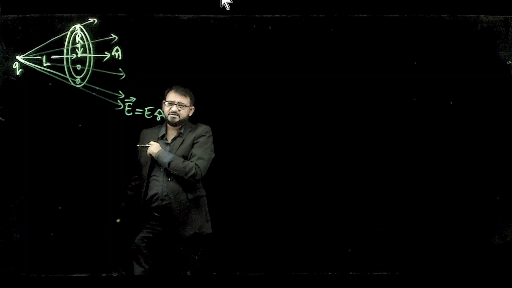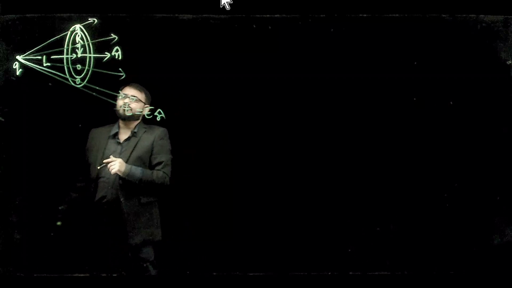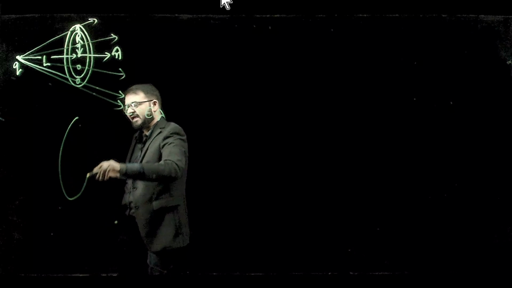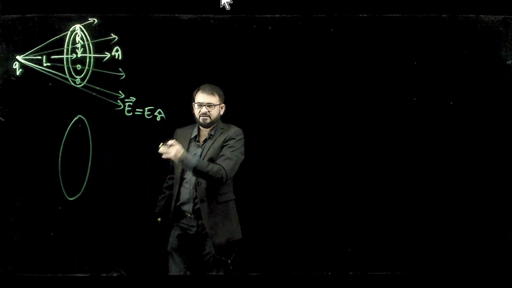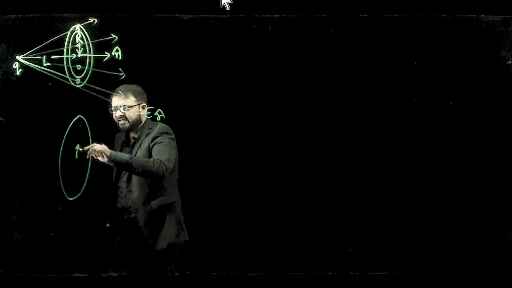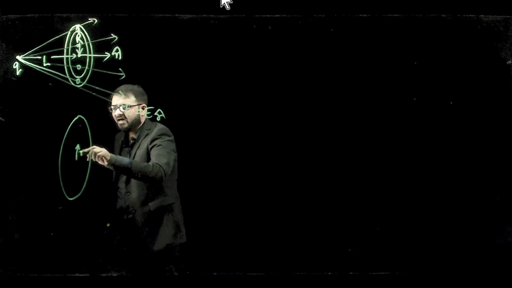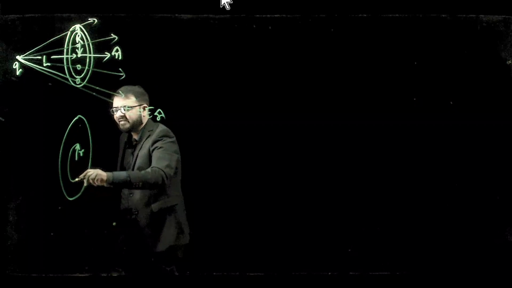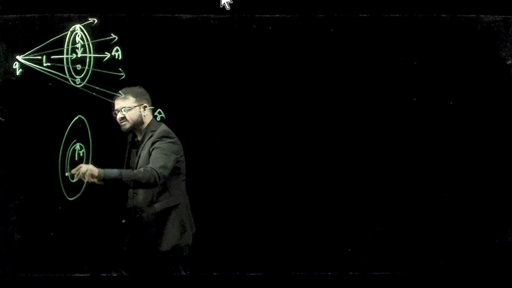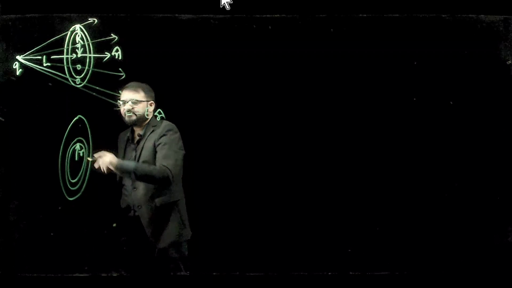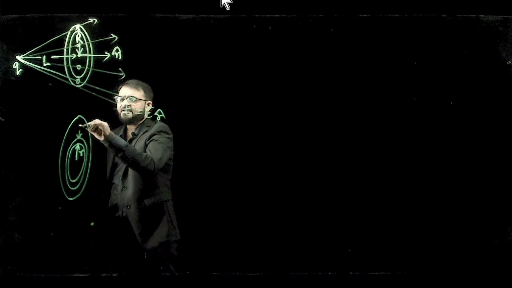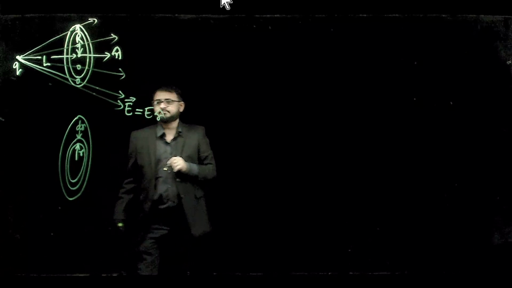So using this symmetry, we are going to solve this problem using calculus. Let's make our disk another time. We take a tiny radius, some radius r, and then we make this ring. This ring is a little bit wide, and this width we will call dr.